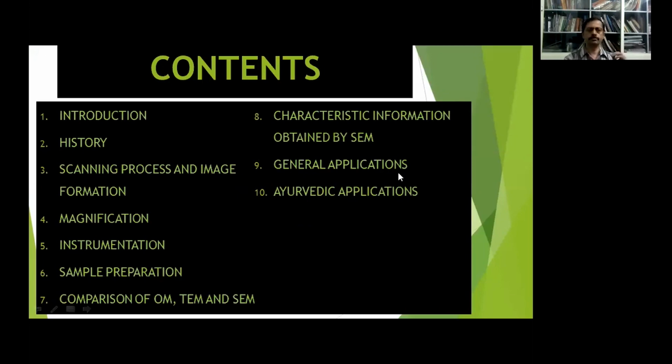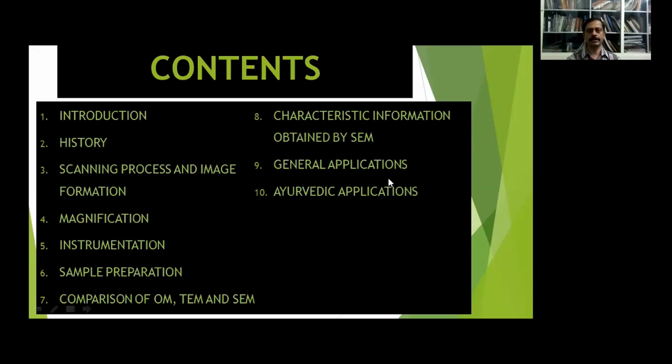So let me try to discuss up to instrumentation in today's class, and in the next presentation I will speak about sample preparation, comparison of OM, TEM and SEM, characteristic information obtained by SEM, general and specific Ayurvedic applications.